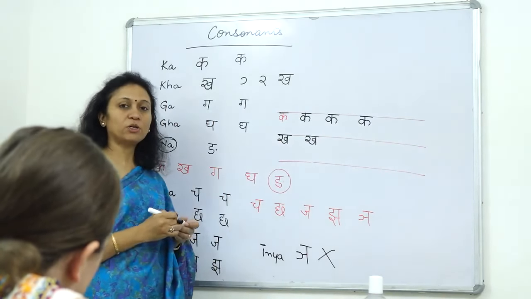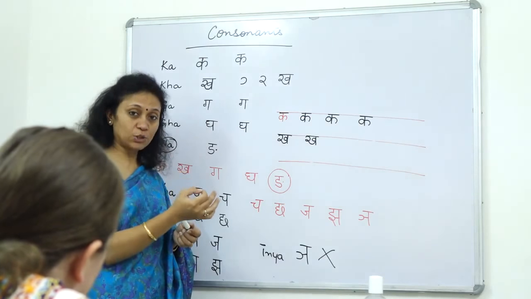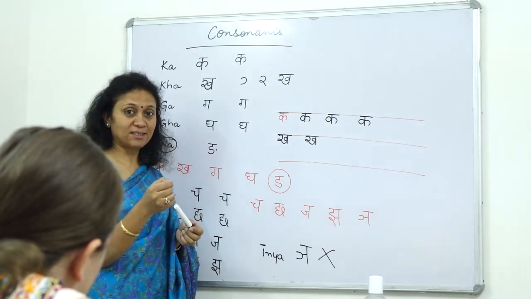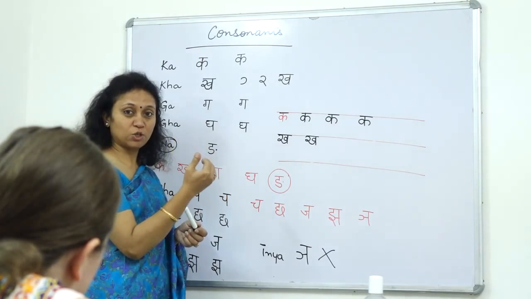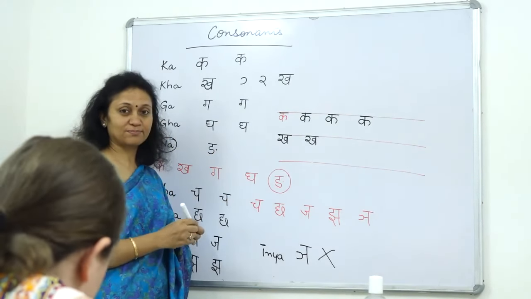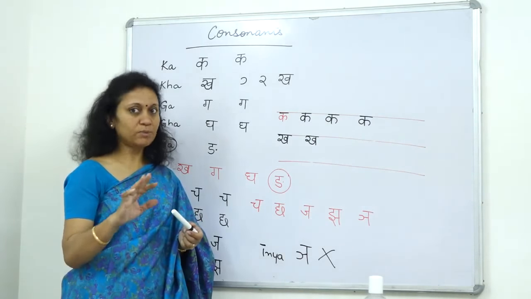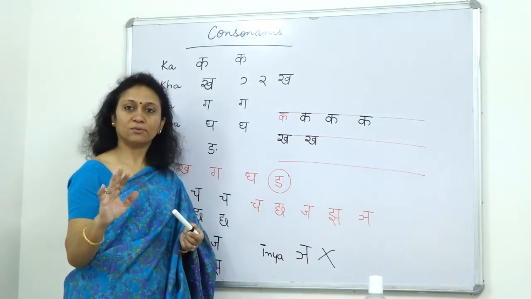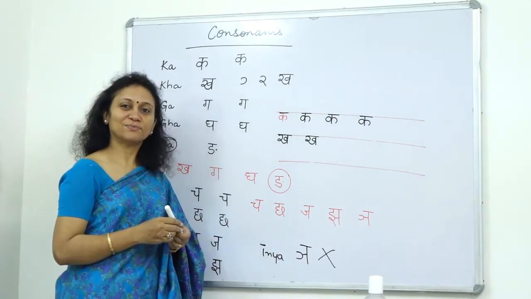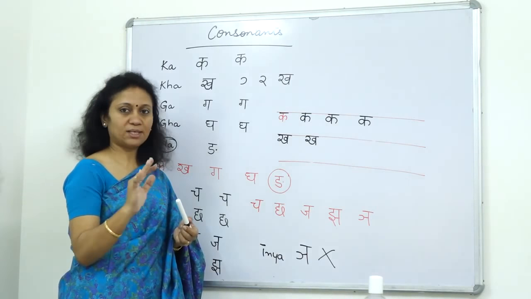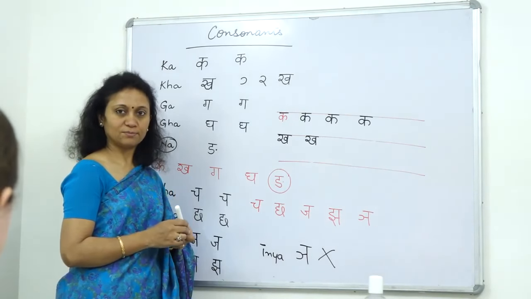Yes, because when you are using your vowels attached with the consonants, you may have some shorthand signs at the bottom or at the top, so you have to leave space for that. At the moment, don't worry. Write big. We'll do it slowly. Even if you have to leave one line in between, that's not a problem. That's fine. So this is how.